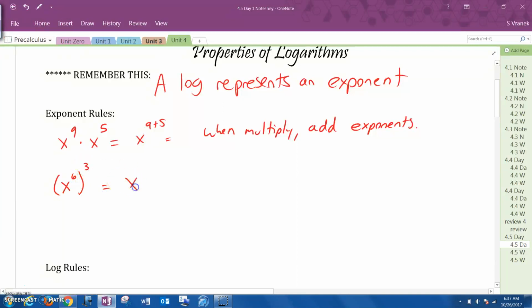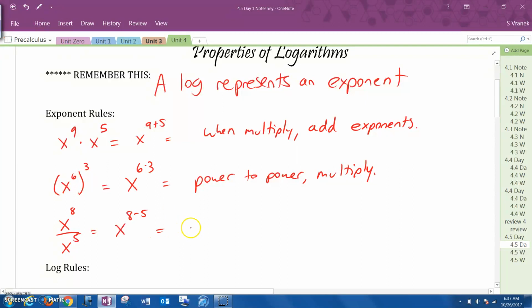That's the same thing as saying x to the 6 times 3. So power to a power you multiply. And finally, when you divide an exponent, you subtract. Okay. So those are all review. Exponent powers, you saw them since Algebra 1.